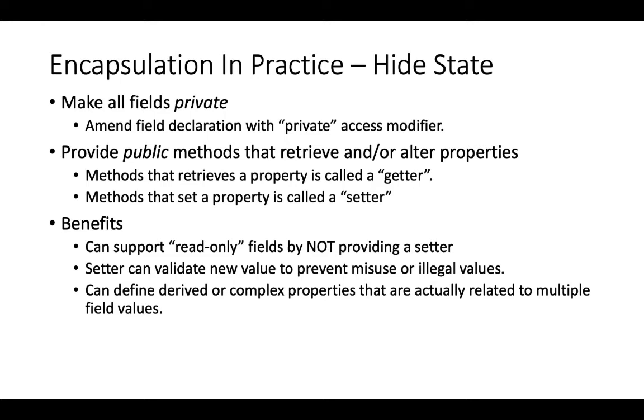The benefit here is that if I intend for a point to be immutable, in other words, I know that the points might be shared across triangles, so no one really should go in and change the x or y coordinate of a point after it's made, because you don't know who else is also using that point. If my intention as an object designer is to create a point that once it's created always represents the same point and can never change, the way I can achieve that is by providing a getter for the x value and a getter for the y value, but not providing a setter.